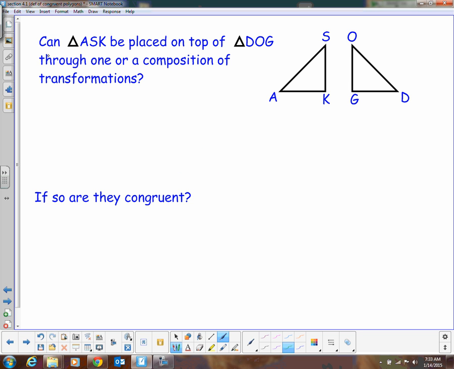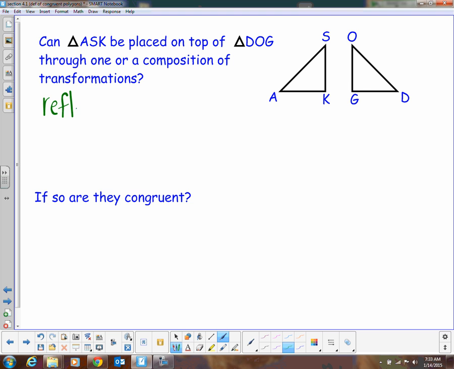Okay. Can triangle ASK be placed on top of DOG through one or a composition of transformations? Can you do it? Yes. What kind? A reflection. We would flip it, correct?